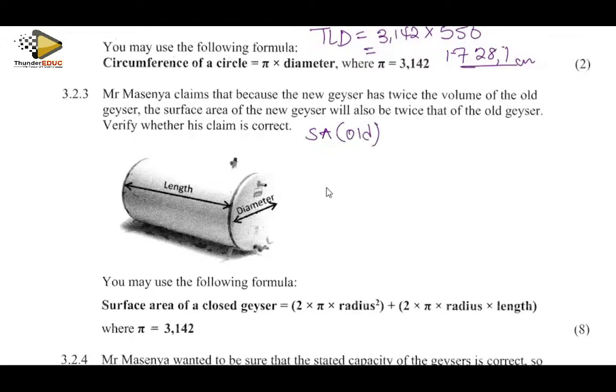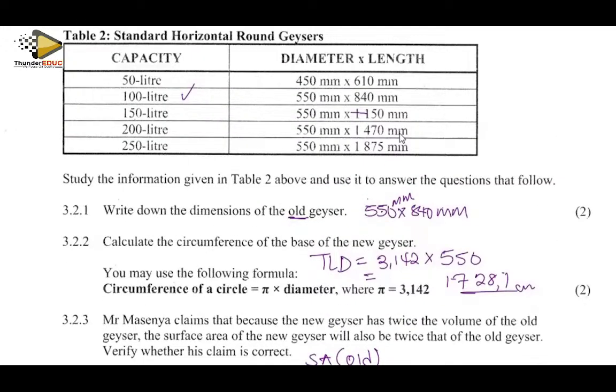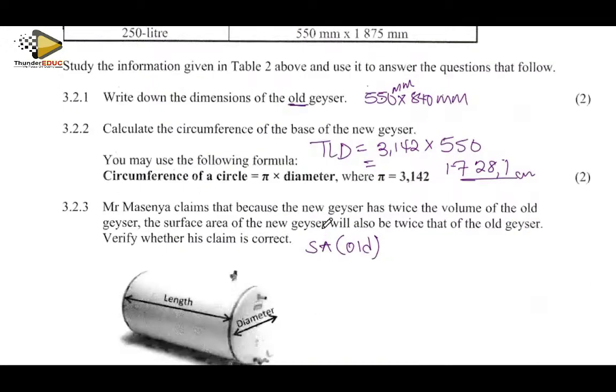Take note, the old has a diameter which is different. This one here, 100. The diameter is this much, but the height has to change. We're looking at surface area, so we need 2 pi r into r plus h. We shall need to look for these values and substitute them in.